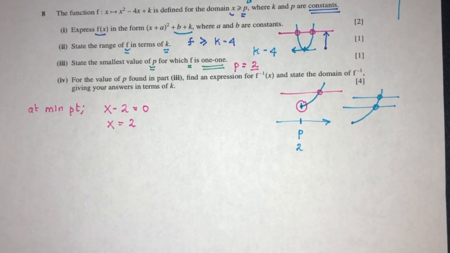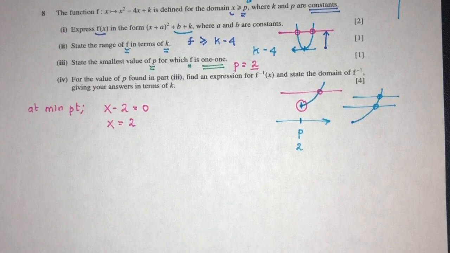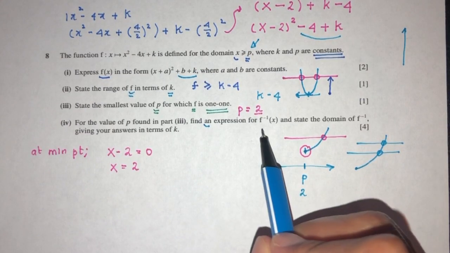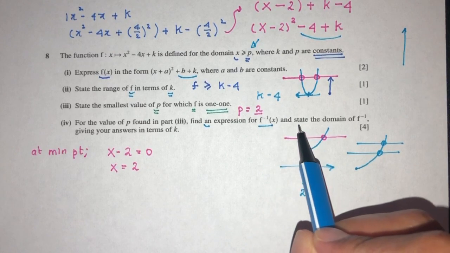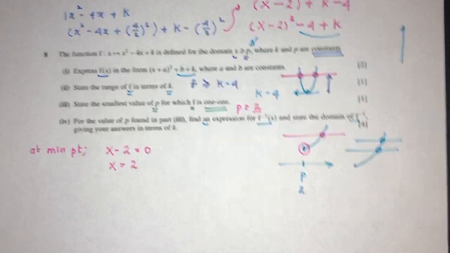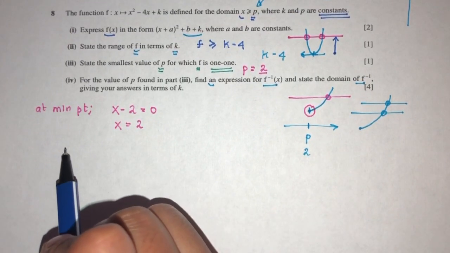Now for part 4, for that value of p we have found in part 3, we have to find an expression for f inverse of x and state the domain of f inverse, giving your answer in terms of k. So pretty easy. Now let's move on to finding the f inverse.